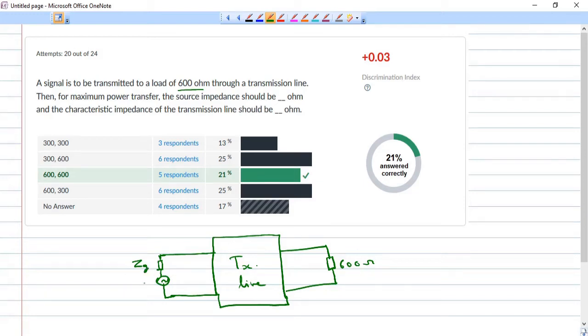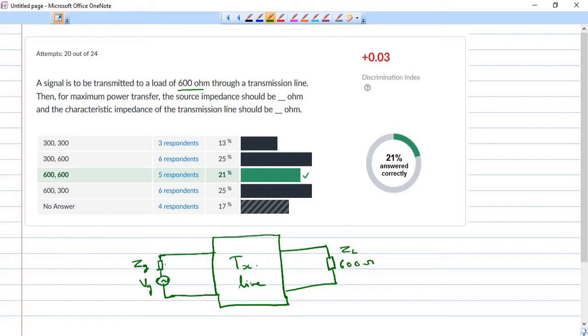Let this voltage be VG, the voltage of the generator, and ZG is the internal resistance of this voltage source, and this is the load impedance.